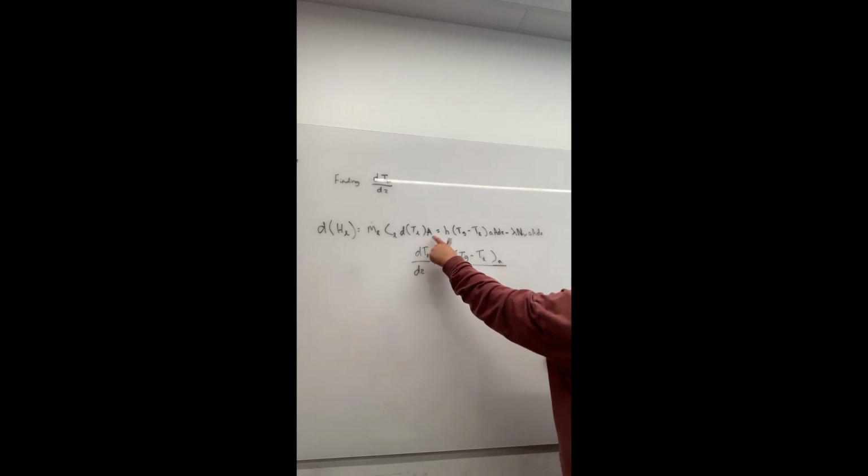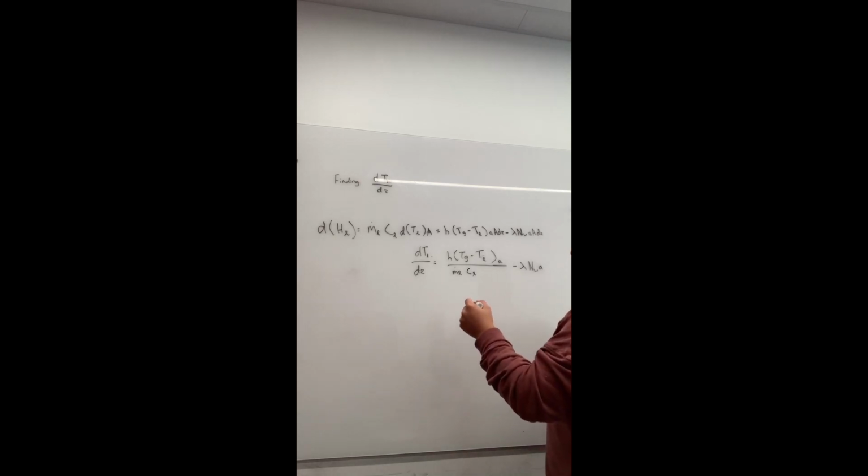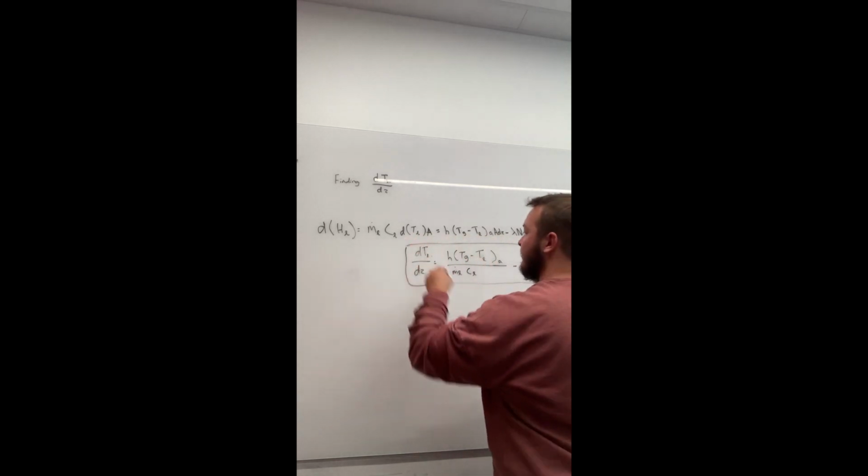A gets canceled, and we're going to subtract the heat coefficient times the mole diffusivity of water. A gets canceled, and then that whole thing is going to be left with A, I believe. All right, so this should be our formula for the differential of the temperature of the liquid, or water in this case.